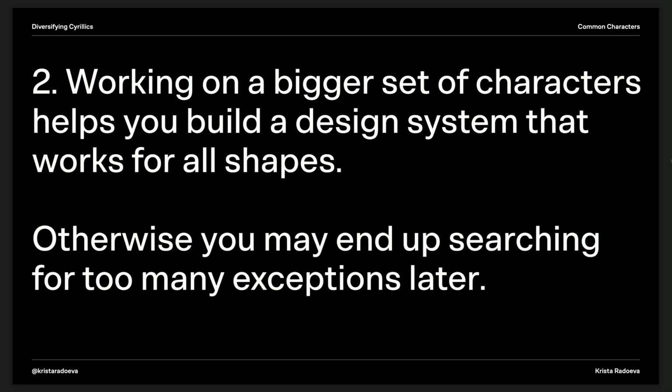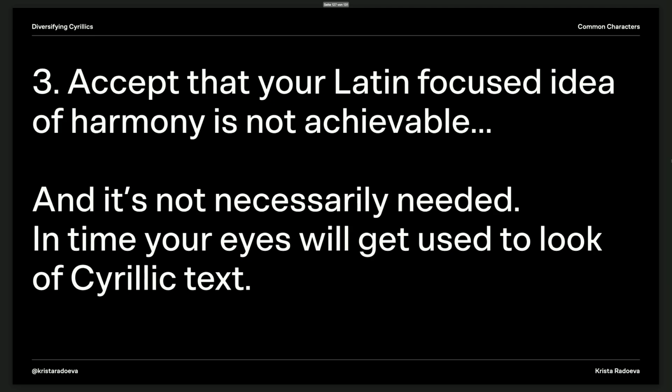Work on a bigger set of characters. If you're only designing the spike characters for one language, you saw that those spikes repeat on many letters. So if you're going to have italic serif, maybe you're not going to have an extremely decorative spike, because it's not going to work on 10 letters.